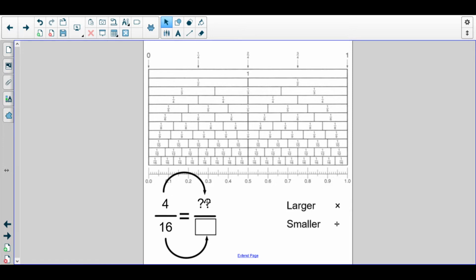We don't know what it is, okay? But we know when we go from the 4 to the 2 that we are getting smaller. And because we're getting smaller, we are going to divide.